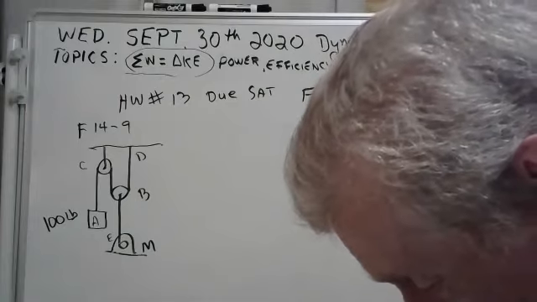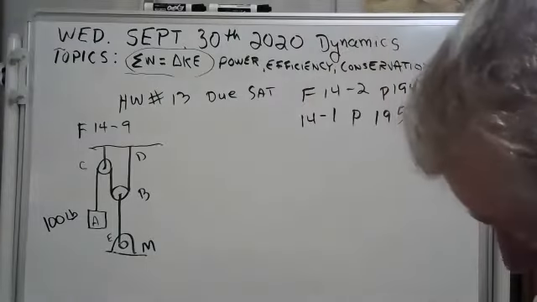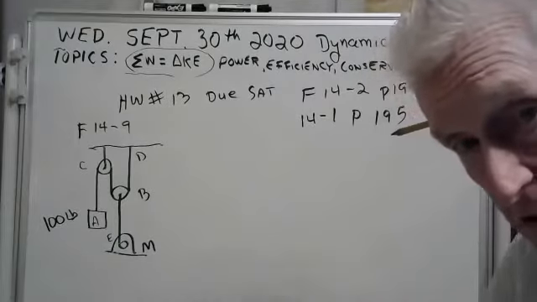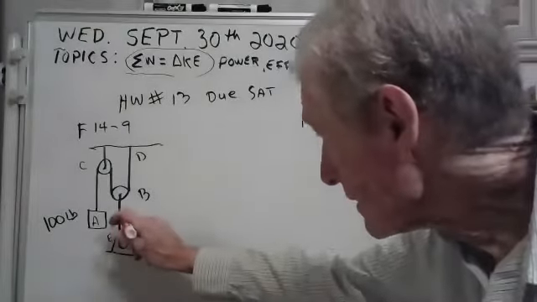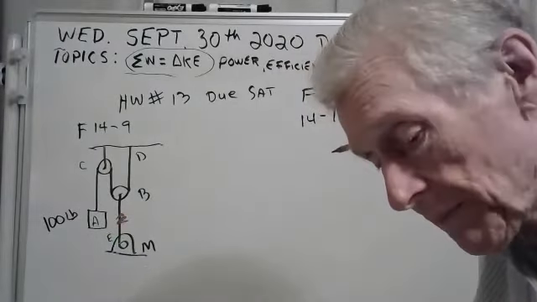Now they said that the motor winds the cable at a constant speed of 3 feet per second. Tell you what you do. Take a little splotch of paint, and I put some red paint on that cable right there.